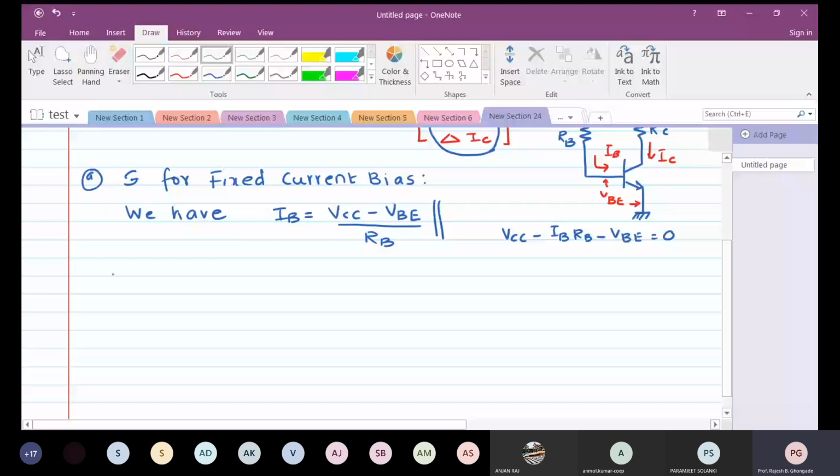Now when IB changes by delta IB, we see here that VCC is not going to change, neither is VBE going to change. We don't have a change in RB also. So what can I say about IC?